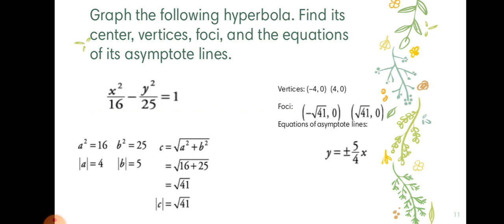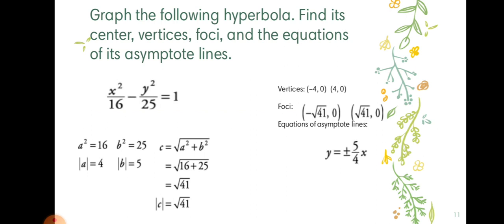So c is equal to the square root of a squared plus b squared. Substituting the values 16 and 25, we have a result of square root of 41.